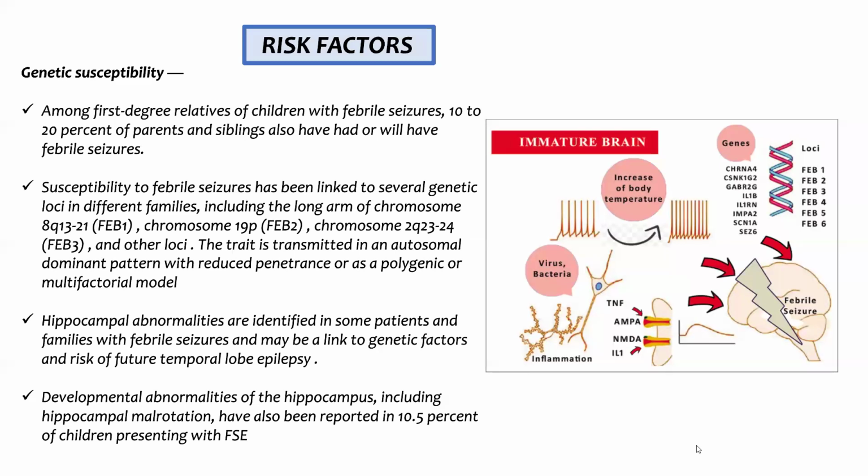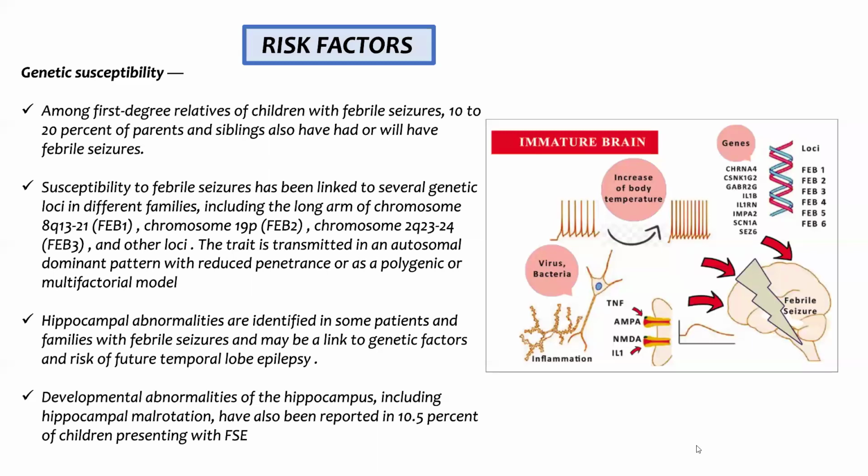And as I said, interleukin 1B, interleukin 1RN. The hypothalamic thermostat is regulated by interleukin, so if there's a mutation of that particular gene, then also you'll have more tendency to have febrile seizures. And there are a few structural abnormalities.